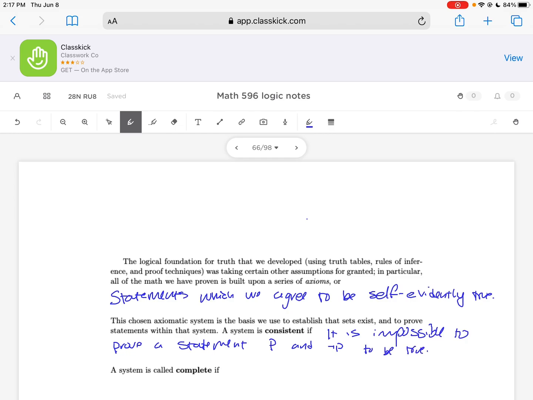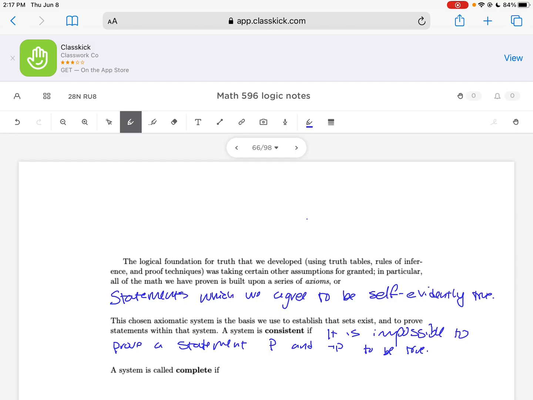We don't want to be able to prove that P is true and also prove that the negation is true. We want the negation and the statement itself to have opposite truth values. So we say that a system is consistent if it has no contradictions, if it's impossible to show that a statement and its negation are both true under that system.